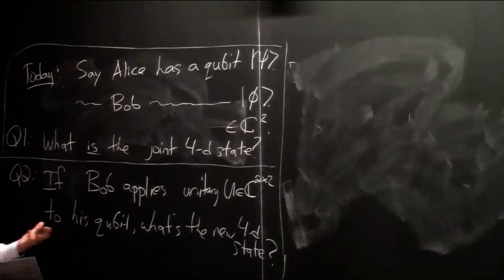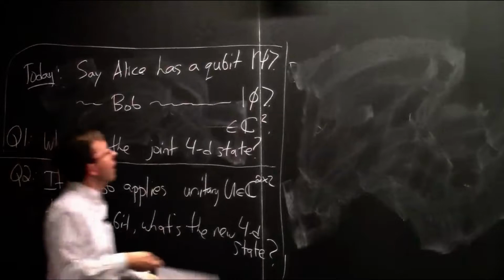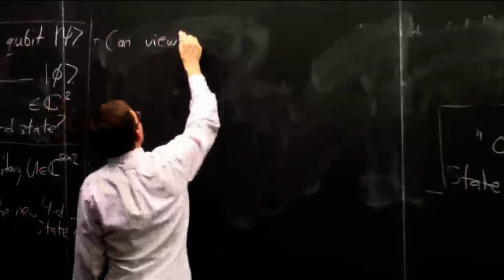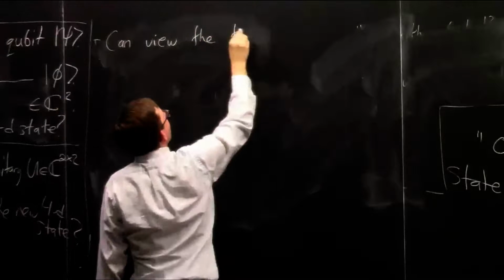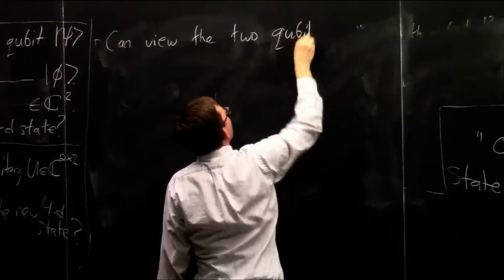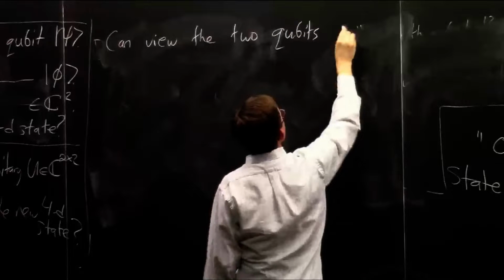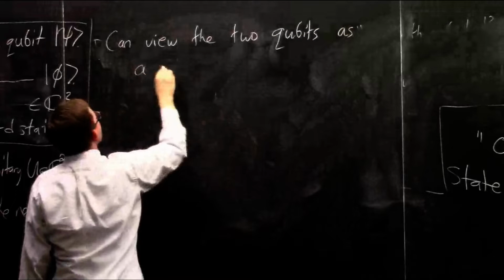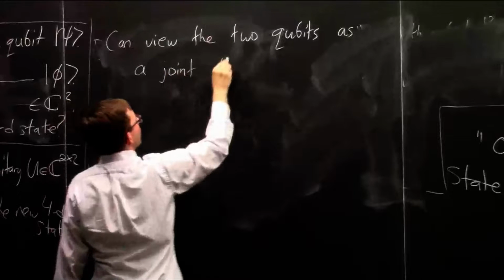Or even if they're not doing that, you can nevertheless view the 2 particles, well, we say qubits, as a joint system, a 4-dimensional system.